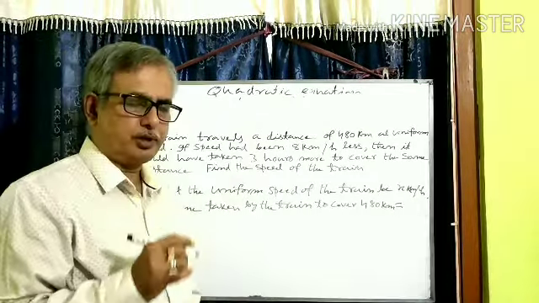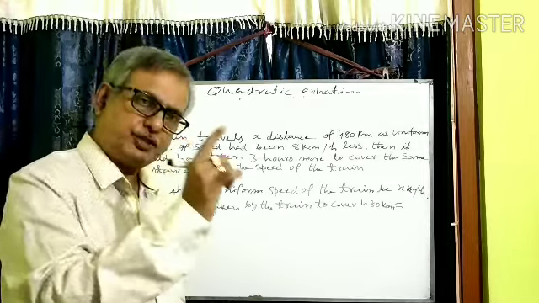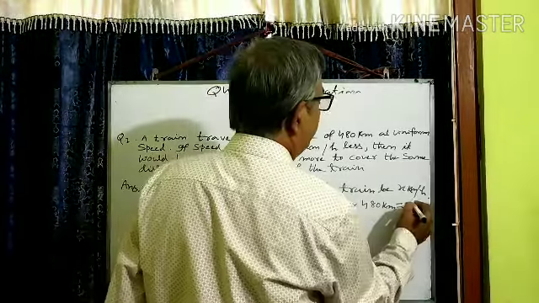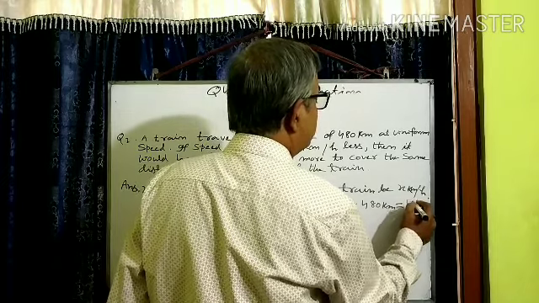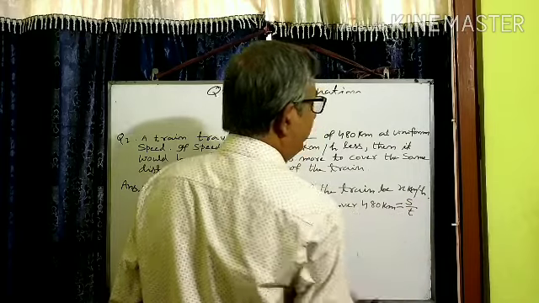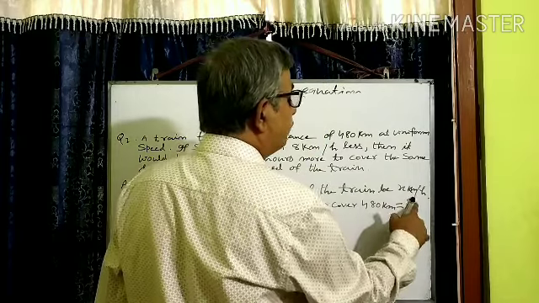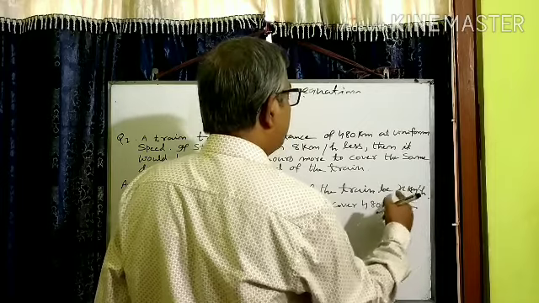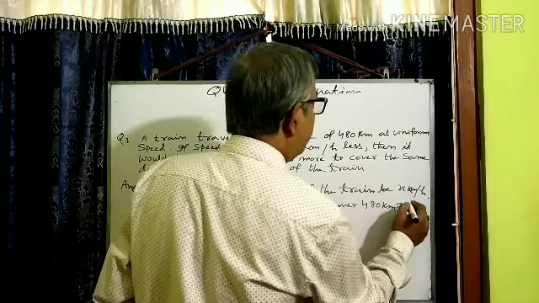Time is equal to distance by speed. So what is the distance? Distance is 480.